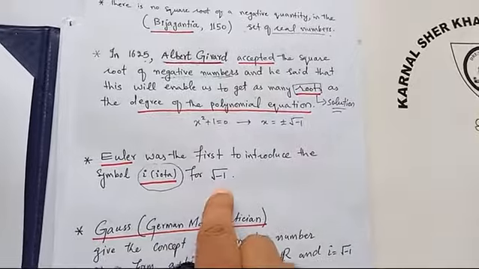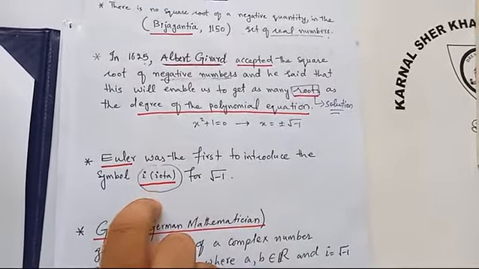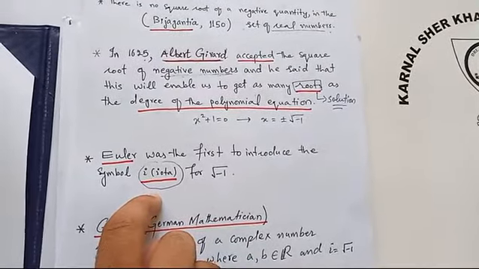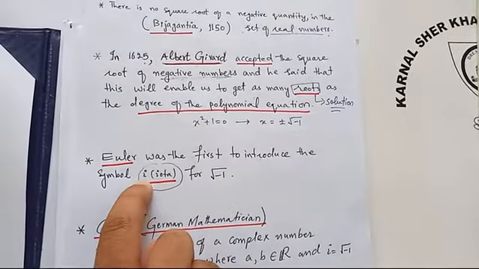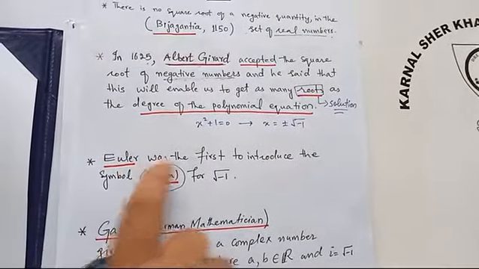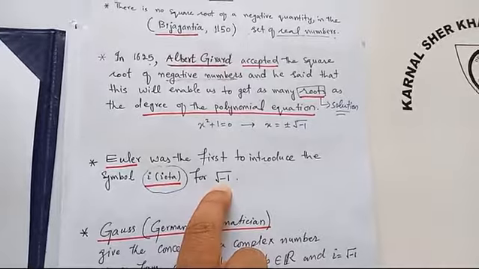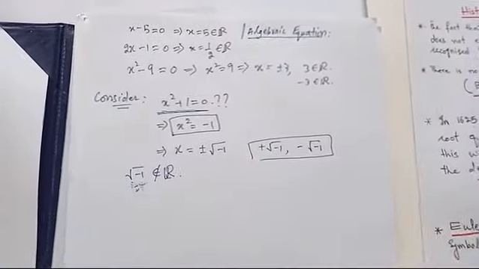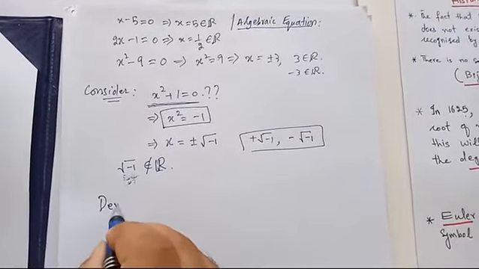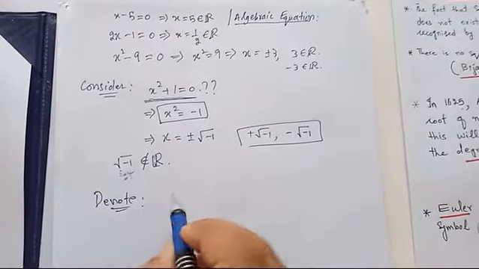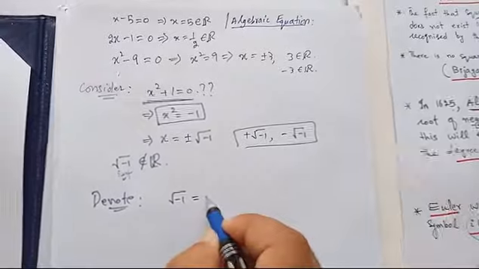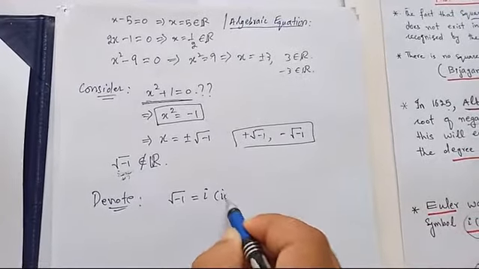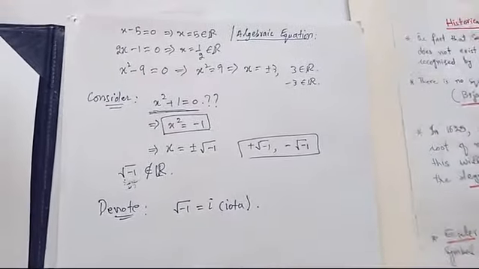This square root of minus 1 is denoted by this symbol, which is known as iota, a small i. So for the first time, Euler introduced that we will denote the square root of minus 1 by iota. This is just a convention.